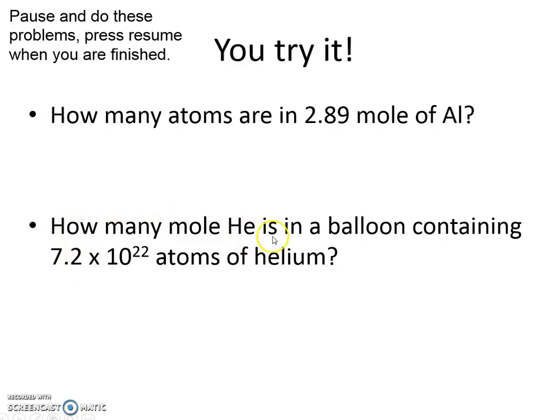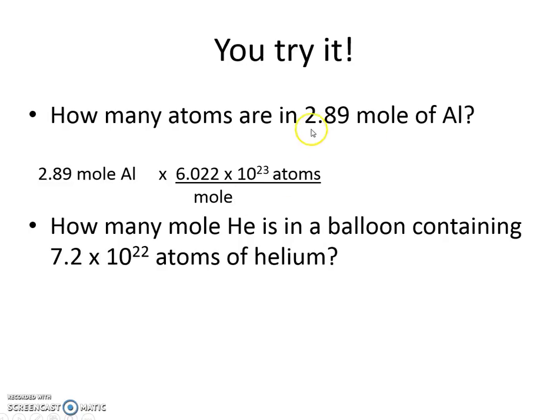How many moles of helium is in a balloon containing 7.2 times 10 to the 22 atoms of helium? The first thing we do is we start with 2.89. We're going to have to make sure that mole cancels, so mole must be in the denominator, and we want to go to atoms. Remember that 6.022 times 10 to the 23 never goes with mole.